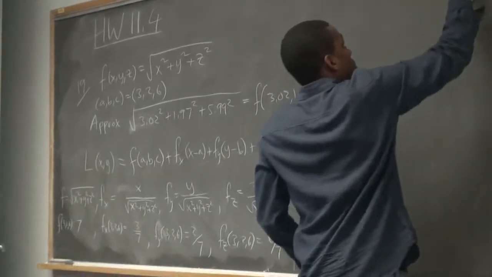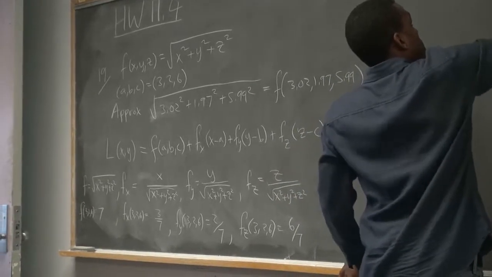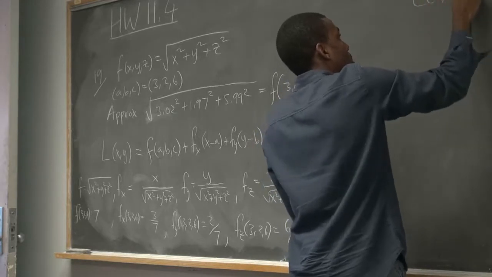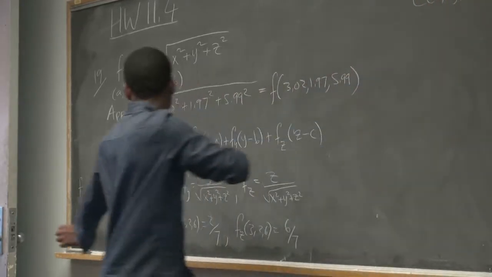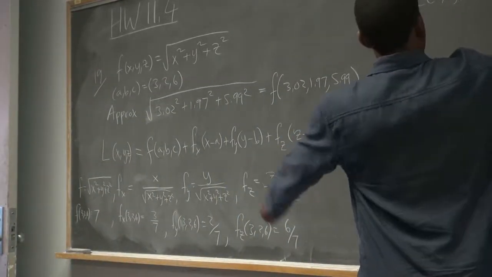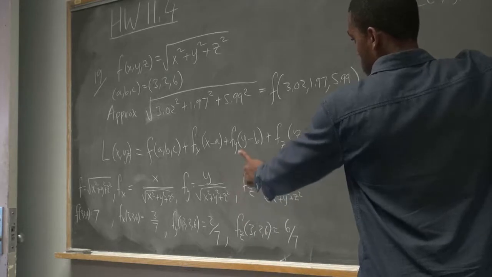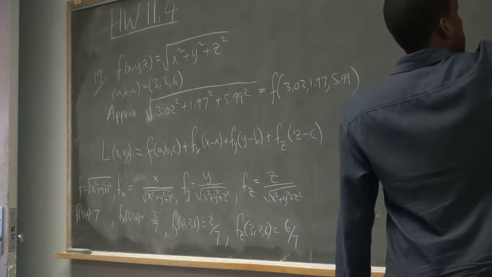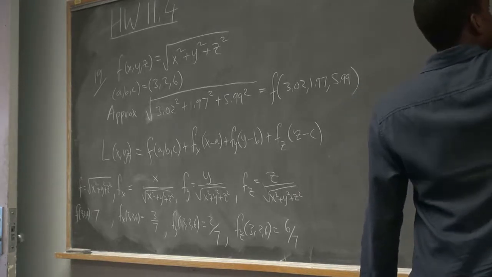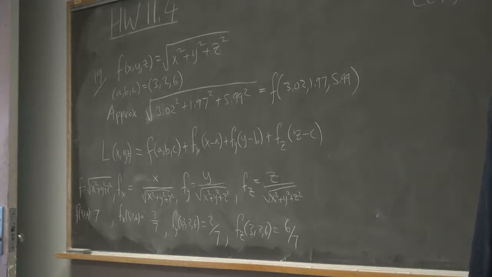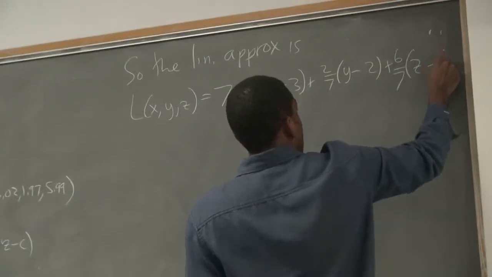So the linear approximation is L of x, y, z, this is a 3 variable one, equals 7 plus 3 over 7 times x minus 3 plus 2 over 7 times y minus 2 plus 6 over 7 times z minus 6.